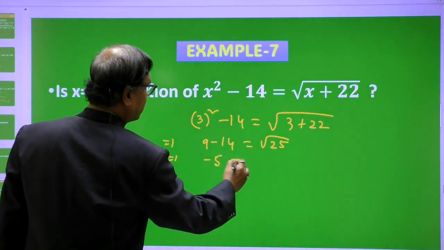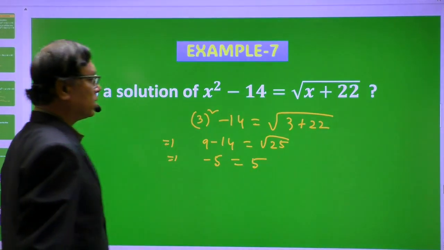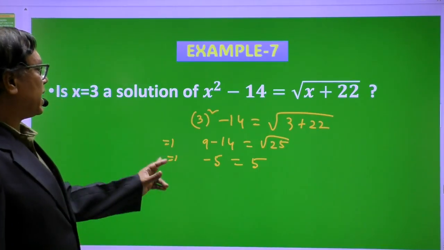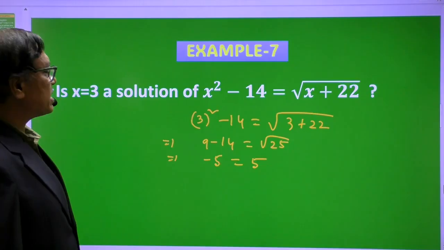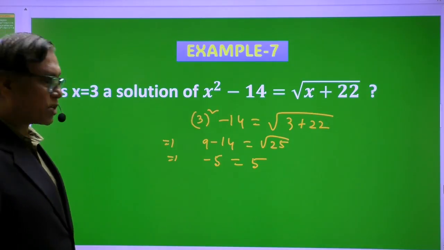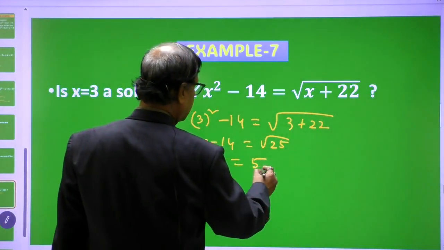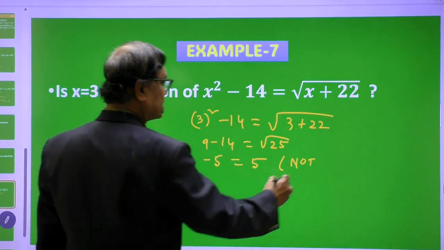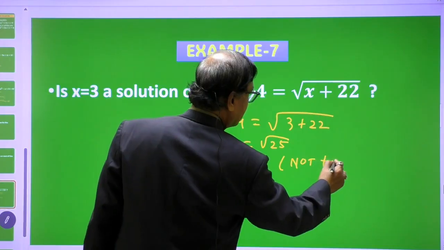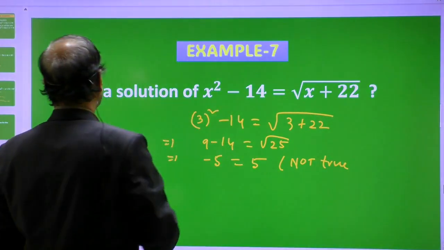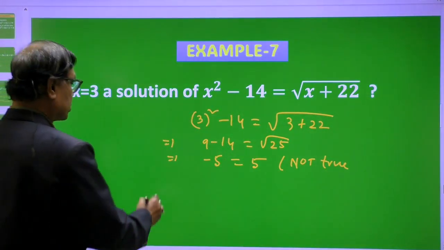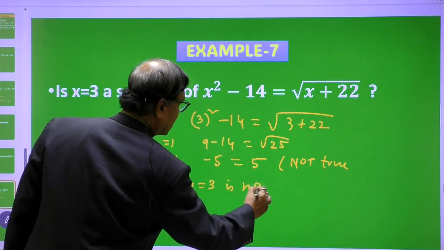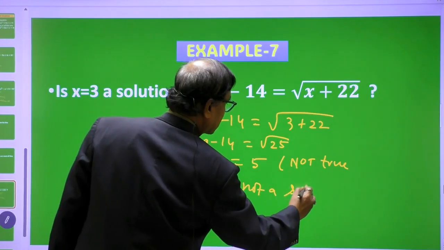So 9 minus 14 is minus 5, equals to plus 5, because square root of 25 is 5. So minus 5 equal to 5. That is, left hand side equal to right hand side. Not true here. Minus 5 equal to 5 is not possible. Therefore x equal to 3 is not a solution.